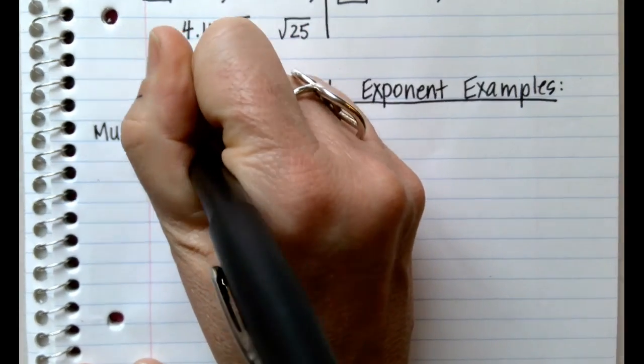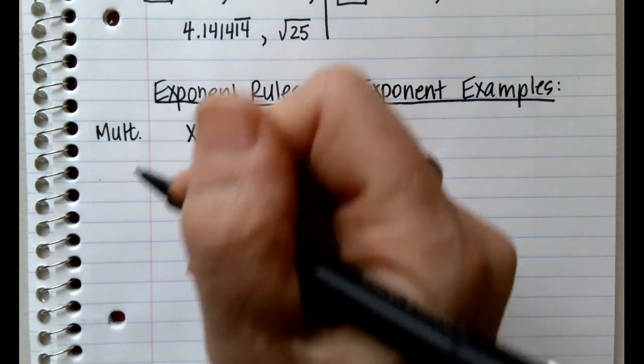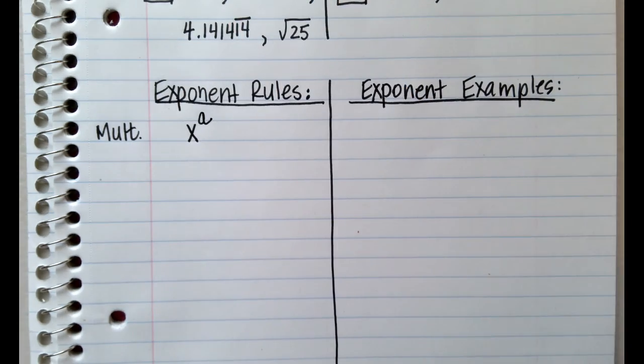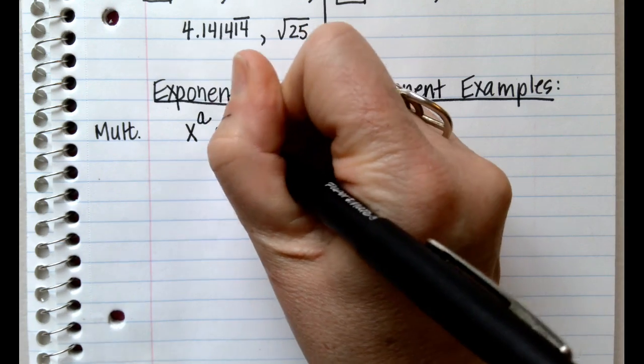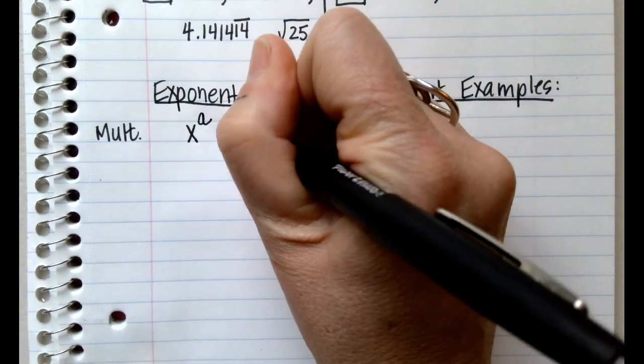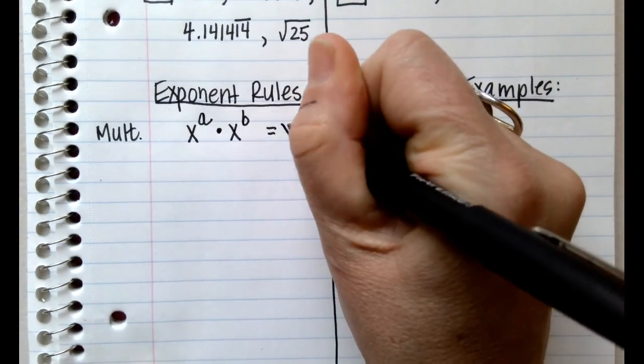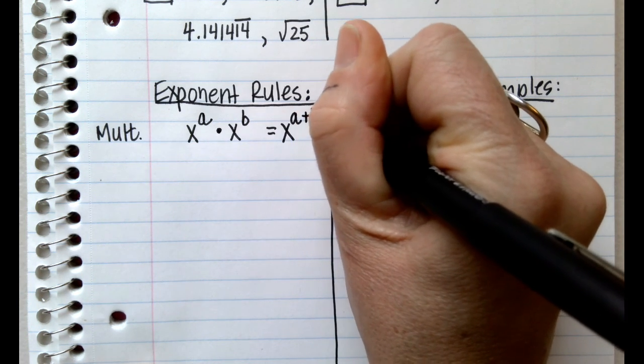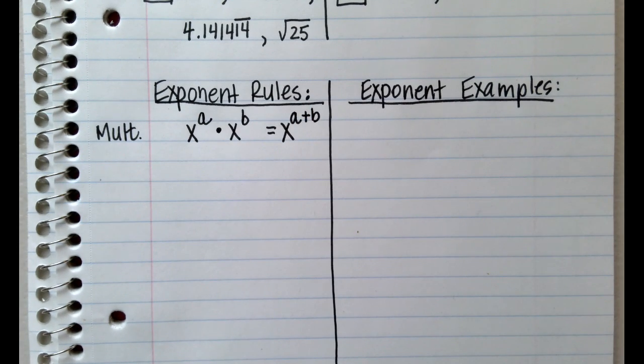So basically, if I have the base of x raised to the a power, and I'm multiplying that by the same base of x to the b power, all I'm going to do is I'm going to add those exponents up, a plus b.